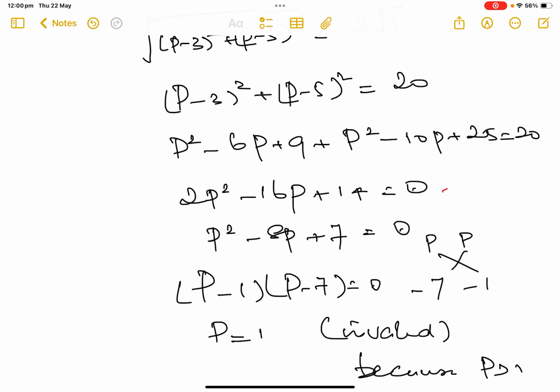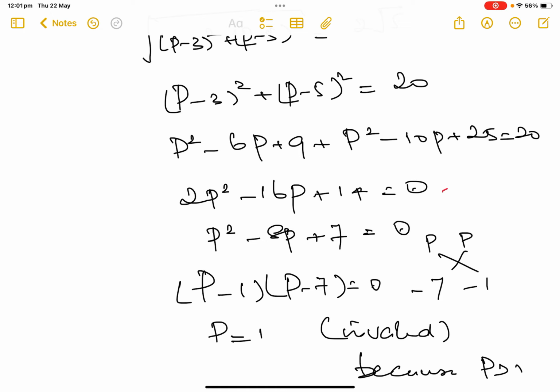So we factorize this quadratic equation in p. The constant is plus 7, so minus 7 times minus 1 gives us minus 8 when added. If you cross multiply, p times minus 1 is minus p, and p times minus 7 is minus 7p.